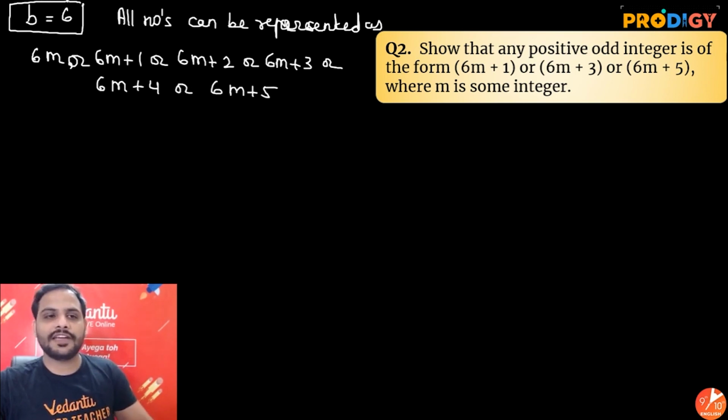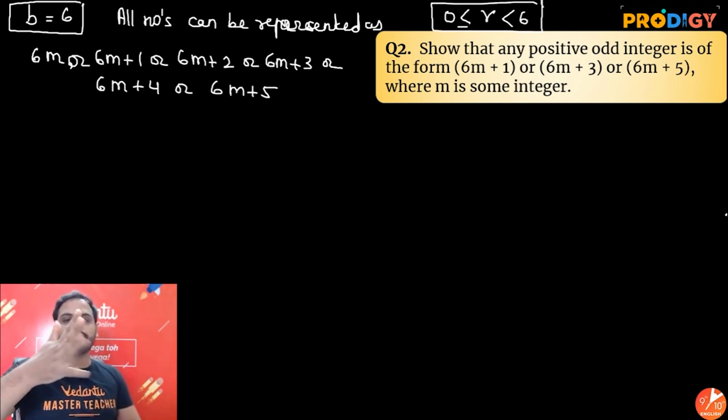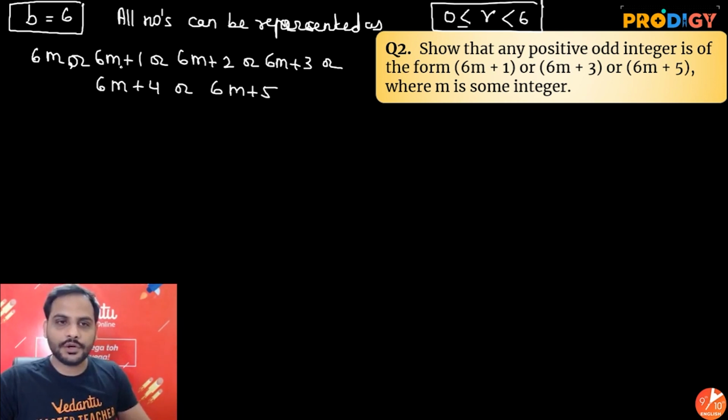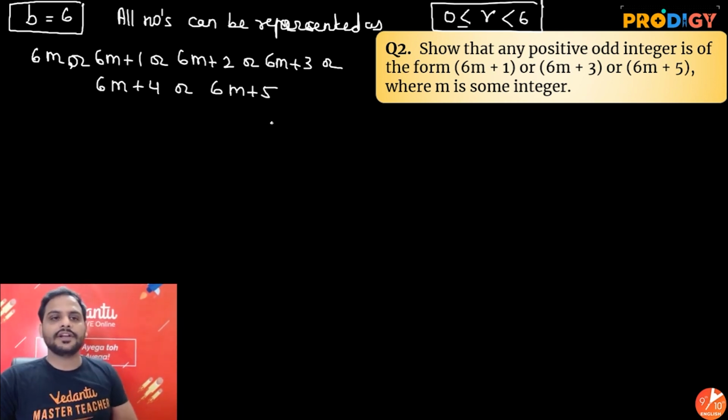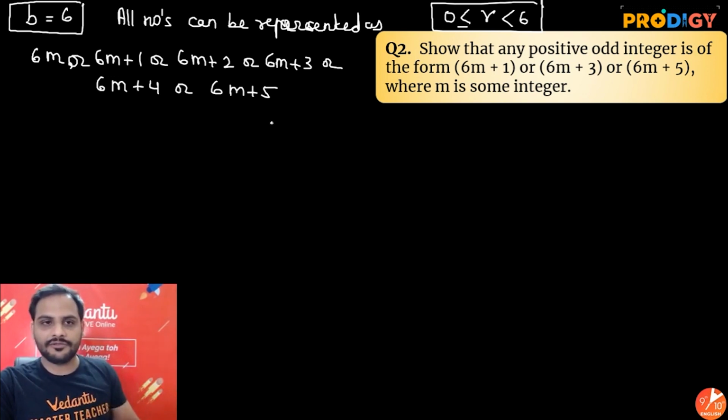Why only up to 5? Because if b is equal to 6, the remainder will be greater than or equal to 0 but less than 6. So the values will be 0, 1, 2, 3, 4 and 5. So all the natural numbers can be represented in one of these forms. Suppose case 1.